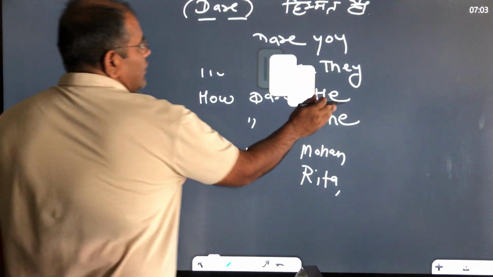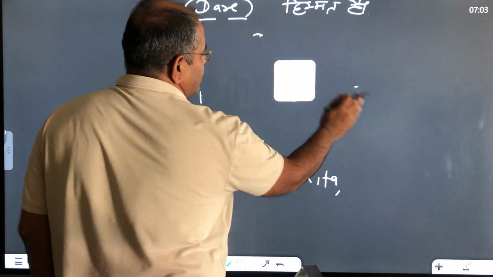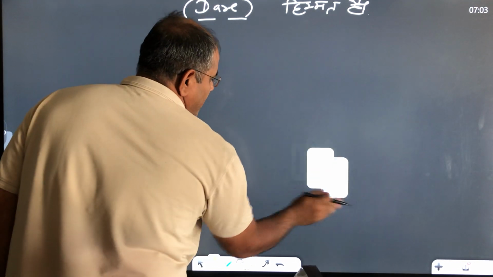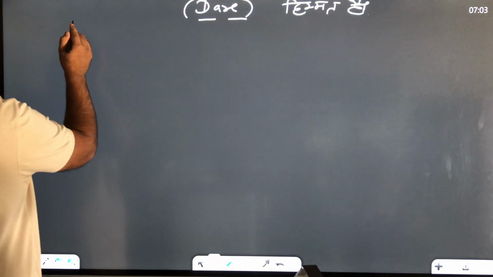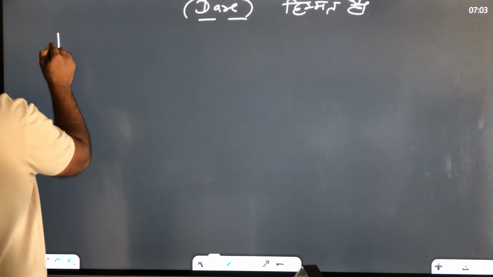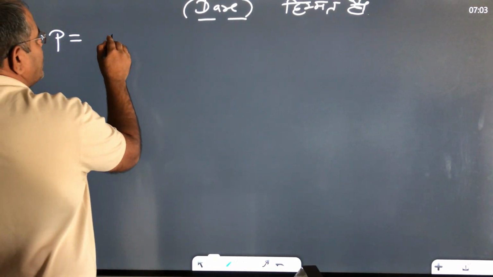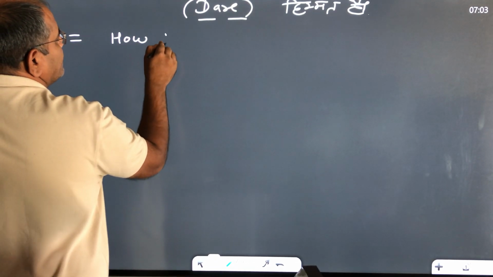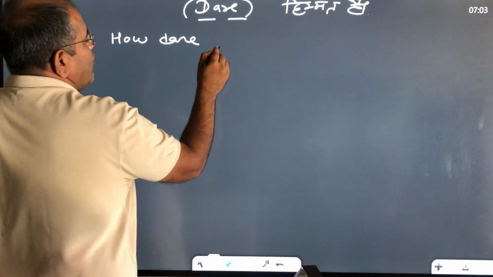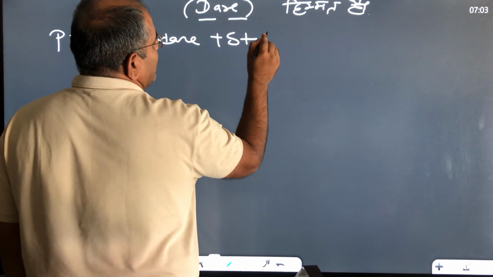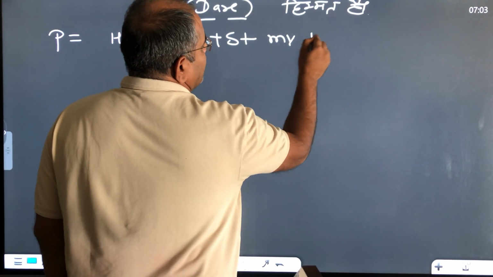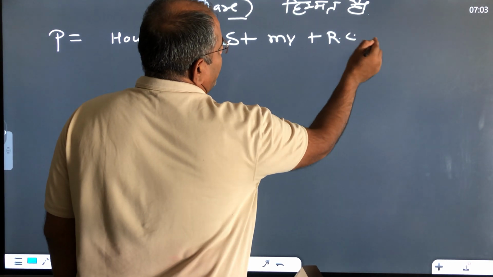These were some examples, and now I form a format to form the sentence. According to the positive sentence, at the first we have to use "how dare", then we have to use subject, then MBs, and then RC. RC means remaining components.